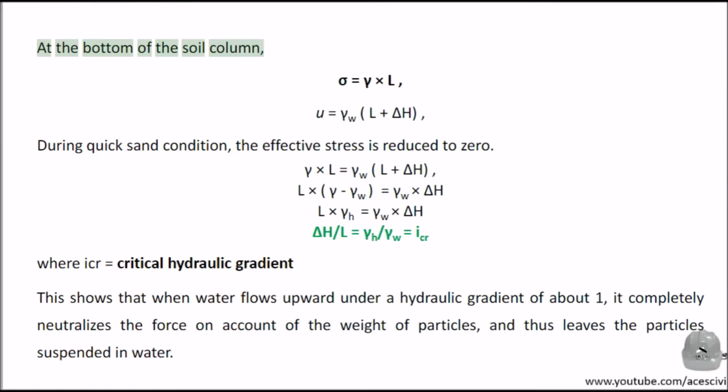At the bottom of the soil column, σ equals γ times L, u equals γ_w times (L plus H). During quicksand condition, the effective stress is reduced to zero.